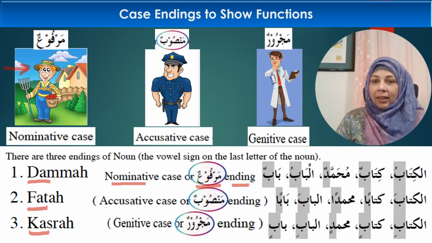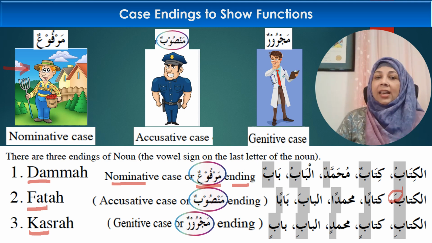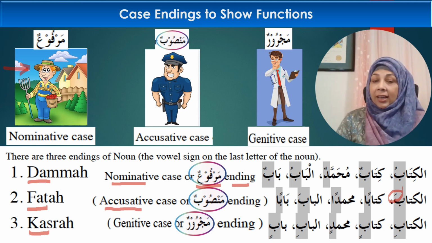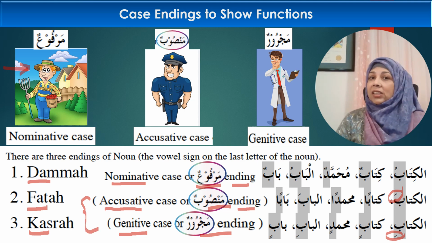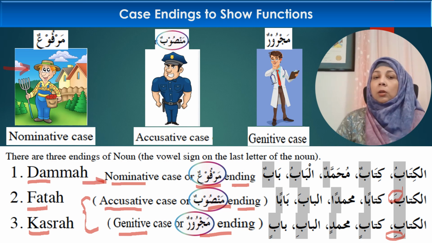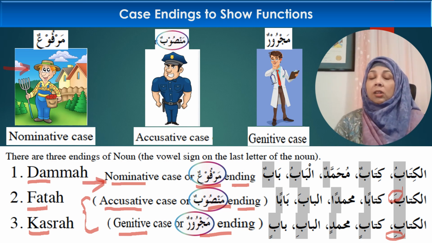Similarly, when the ending is a fatha, we say in English it is the accusative case, or mansubun in Arabic. And if it ends in a kasra, we say it is in the genitive case, or majrurun in Arabic. And inshallah, the mansubun and majrurun cases we will explore in future lessons. First, we are going to focus on this nominative case, or the marfu'un.